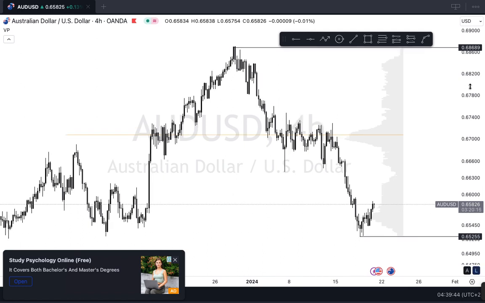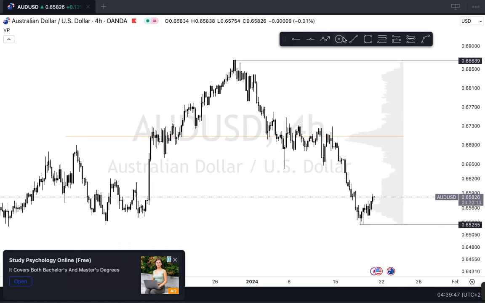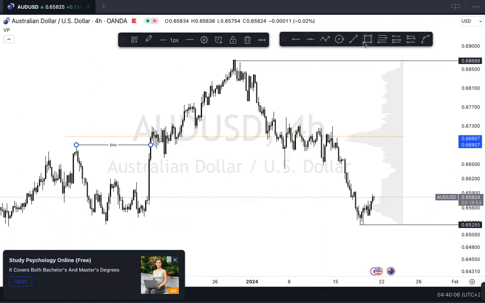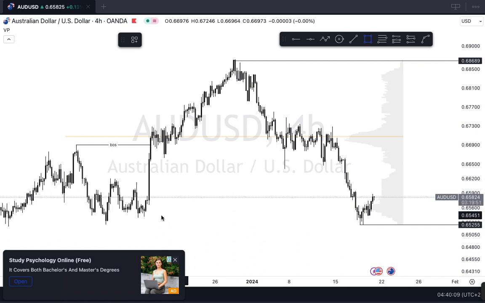So if you can check, we have our break of structure here. The market was still breaking structures to the upside, right? We got our BOS there, and then after that BOS, let's use this one since it was tested twice.